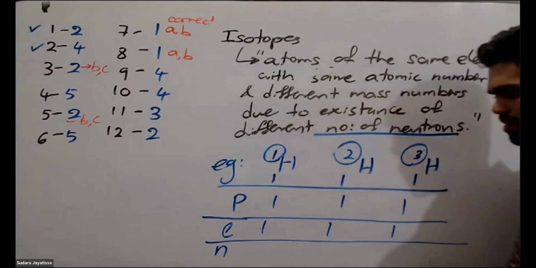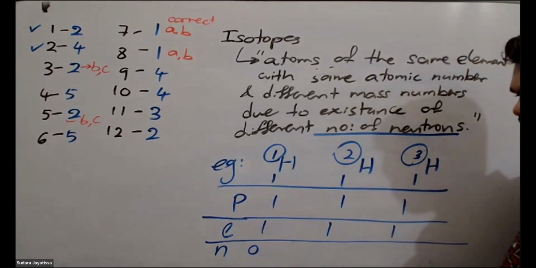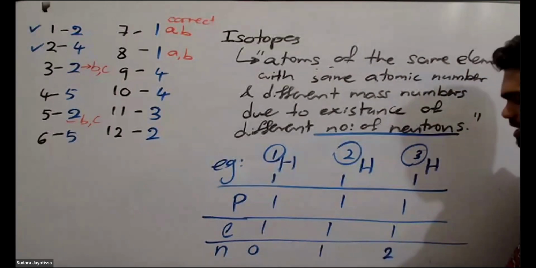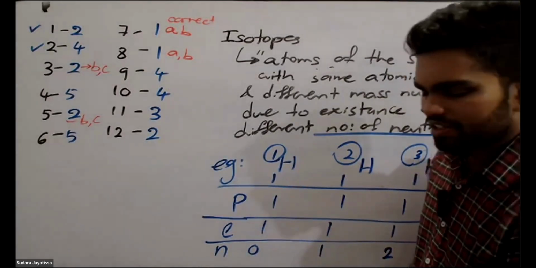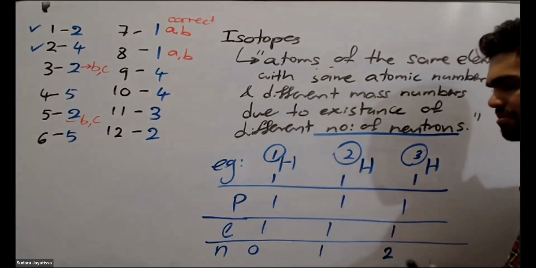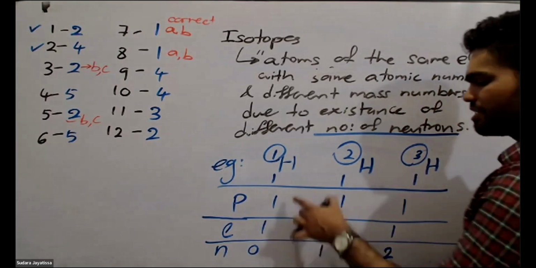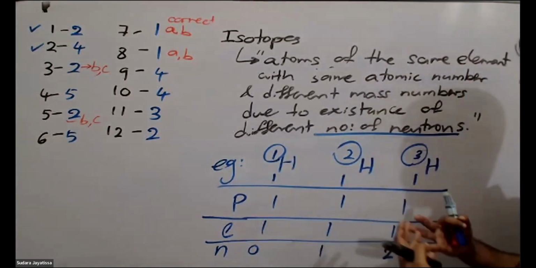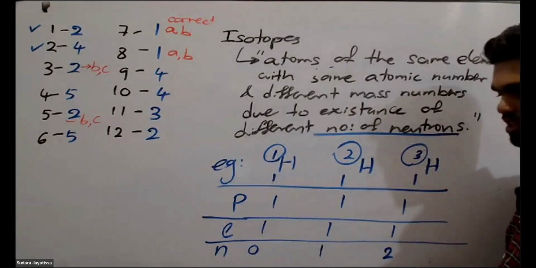And if you take the neutrons, you will see something very interesting. The protium isotope does not have any neutrons, right? You can see neutrons in deuterium and tritium. So that is another MCQ point. Remember, we wrote that some and not all elements have neutrons. Except the protium isotope of hydrogen, all other atoms of elements have neutrons.